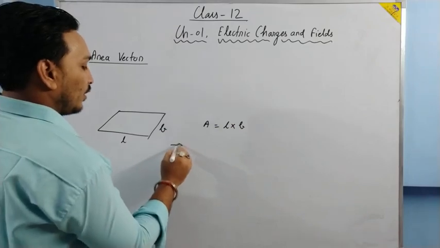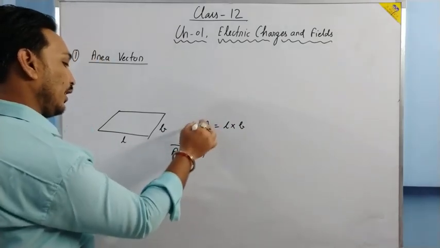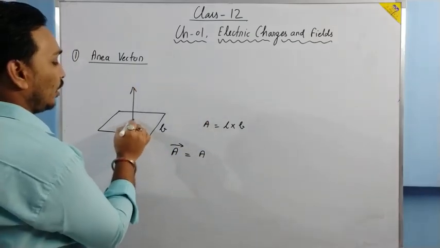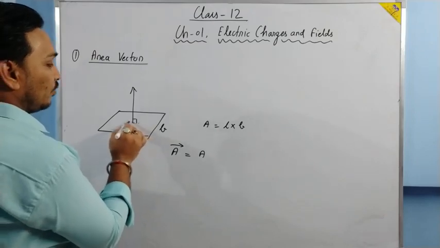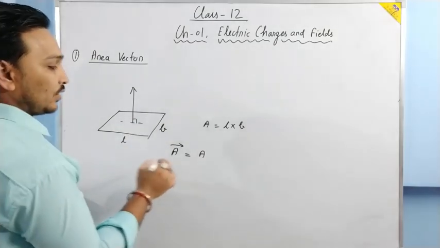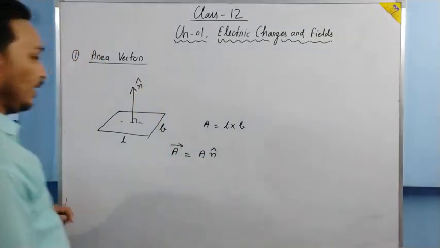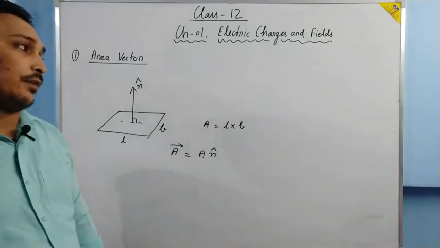Area vector is a vector whose magnitude is the magnitude of area only, but it is associated with a direction which is perpendicular to the plane of the surface. That is n cap. If this unit vector is n cap, so A vector will be A, which is the area, into n cap.